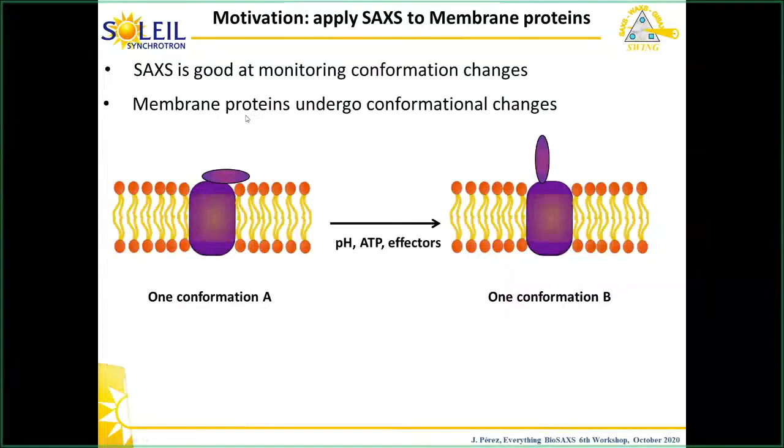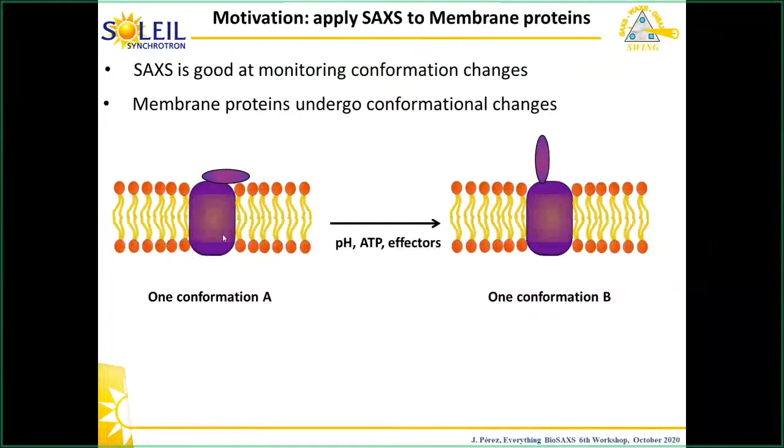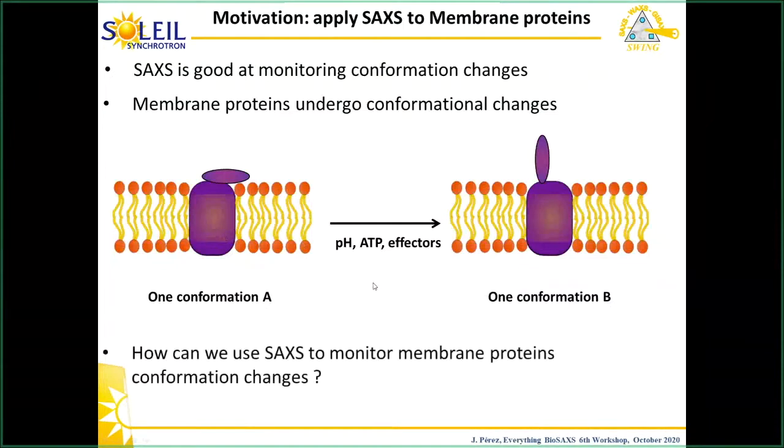And of course, membrane proteins, as almost all proteins, do undergo conformational changes when, for example, they are liganded or with an effector, so that their conformation can change, or when the pH changes, or when you have different molecules outside the membrane that can trigger a modification of the conformation of the membrane protein. So the question is, how can we use SAXS to monitor membrane protein conformational changes? So this was the first question.